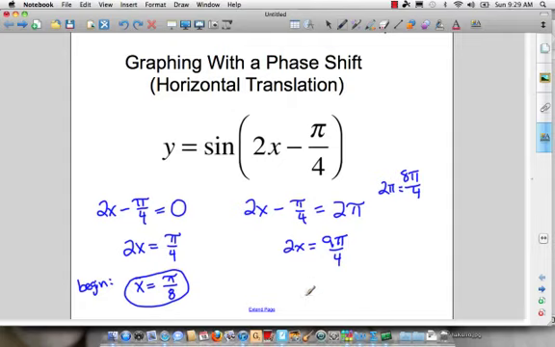And then I have to divide both sides by 2, which might be easier to think about as multiplying both sides by 1/2, and I get x equals 9 pi over 8. So the period or cycle will end at 9 pi over 8. And that's just a really good way to start when you need to graph something that has a phase shift. I think it's the cleanest way to figure out how to do it.